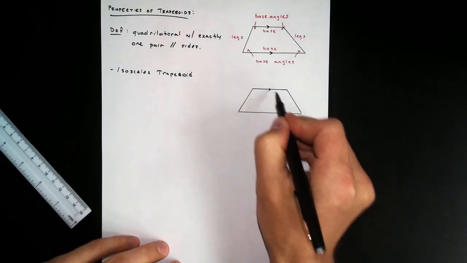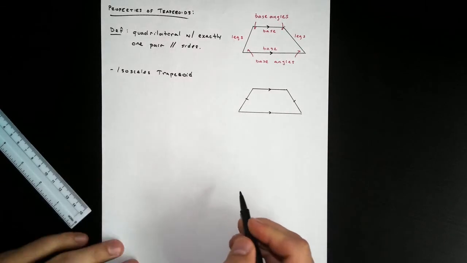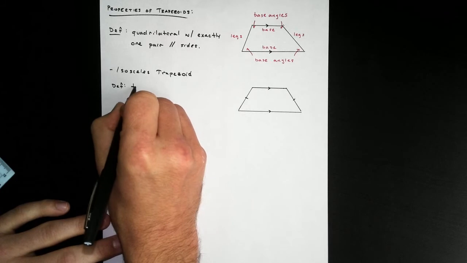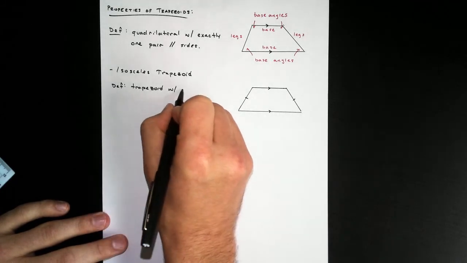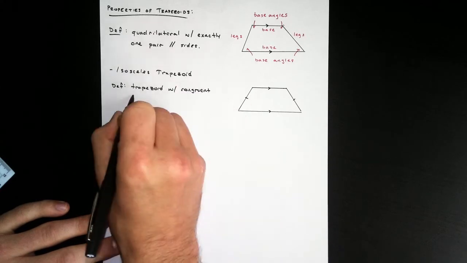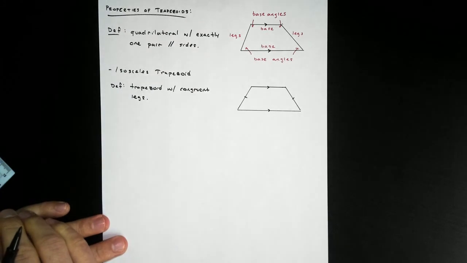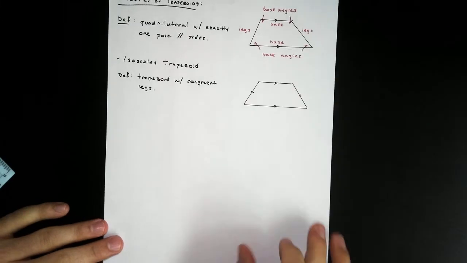So these are parallel, and then the legs are congruent. So the definition here: this is a trapezoid with congruent legs. Okay. Now, when we have an isosceles trapezoid, this is where we get some interesting properties.